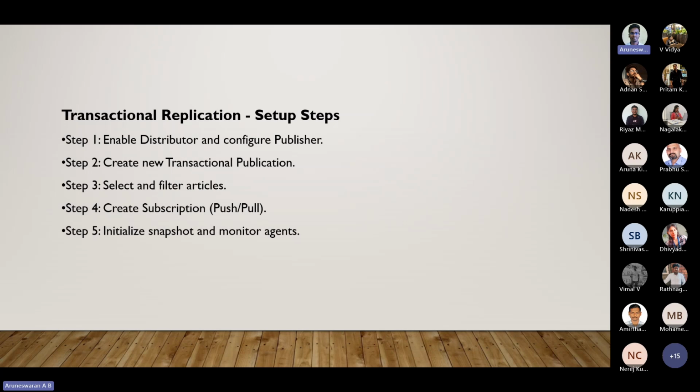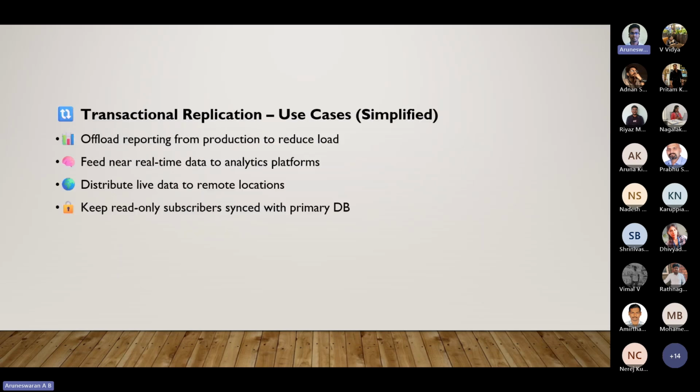For snapshot replication, we can do the snapshot replication periodically, but in transactional replication, initially we need to take one snapshot and move it to the subscriber. After that we can do the transaction log pushing using the log reader agent. But initially we need to do one snapshot for this transactional replication.